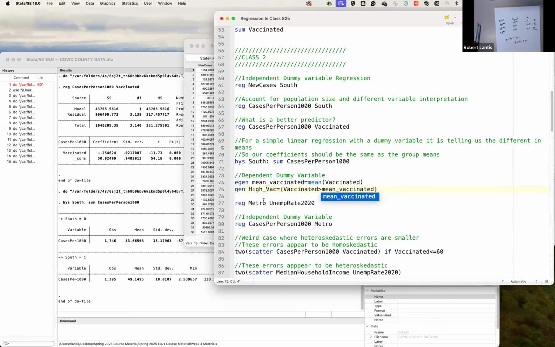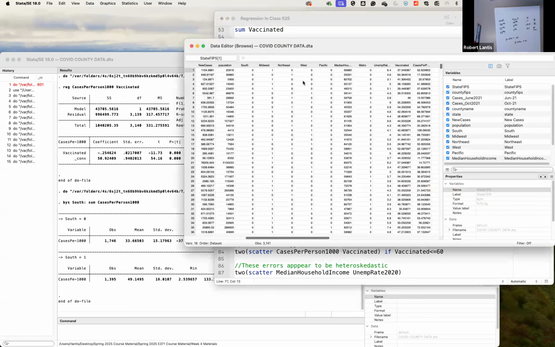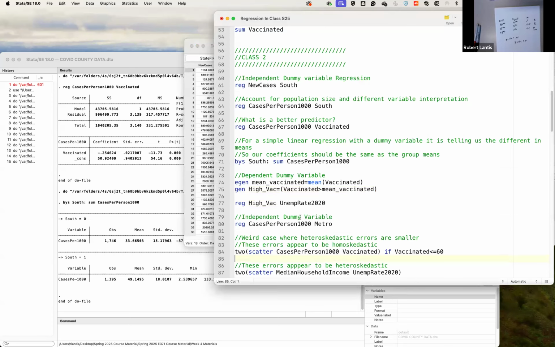Okay. So I'm then going to think about my Y variable, which is this new dummy variable. And I think I have household income in here. So what was this median household income? I'm going to change my X variable to be median household income. So I'm going to think about what this is telling me.